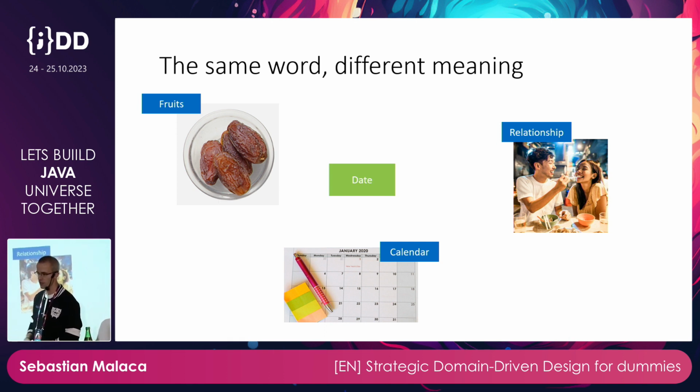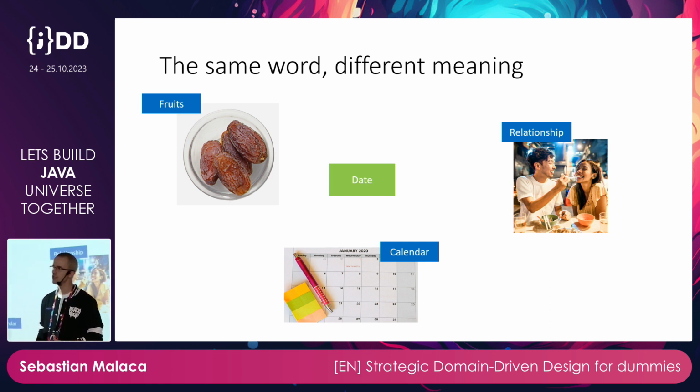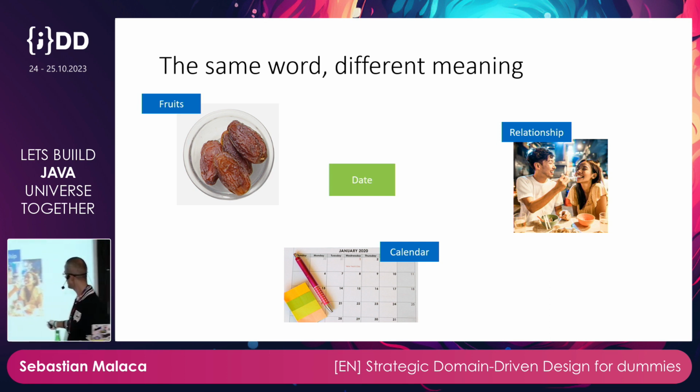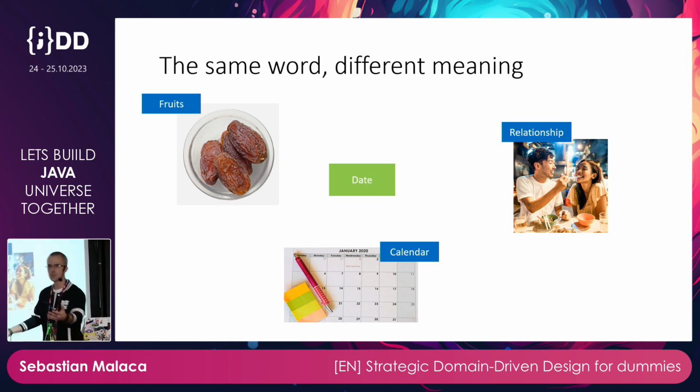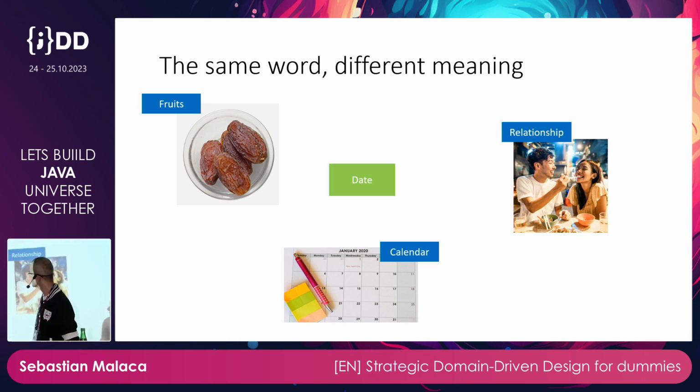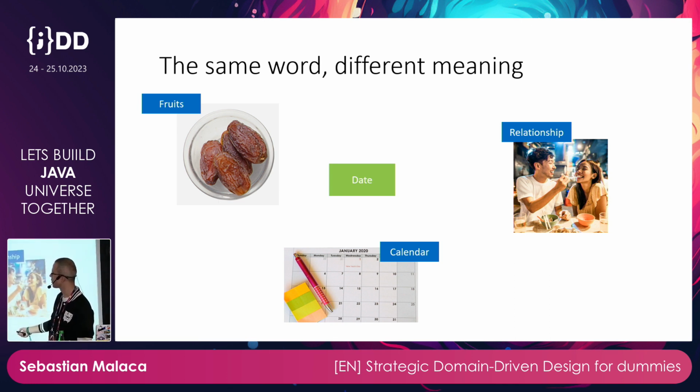Otherwise I cannot start the conversation. Let's talk about recent date. Okay, this date or this date, you have no clue. But if I start, okay, I'm hungry, I really would like to eat some dates, there is no problem. There is no collision. It's a uniquely identifiable word. The context gives that word uniqueness.